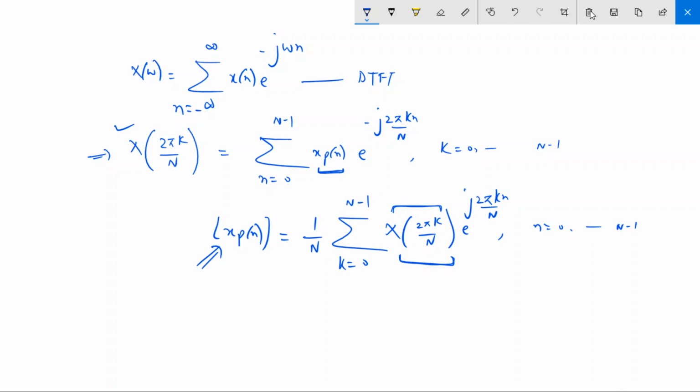But you must remember here that you are recovering xpn from its samples, not xn. And then you have to simply see how you can recover xn from xpn. And that is very simple. It means you have a sequence xn, you have taken its Fourier transform X omega.